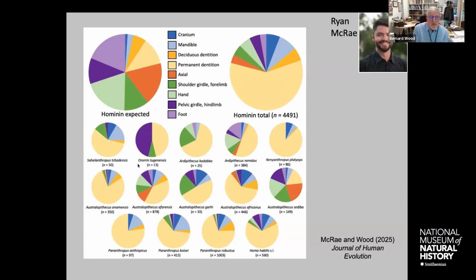You can see the teeth and so on. If you look at the large pie chart on the right, that is what the hominin fossil record looks like. So we are reconstructing the hominin fossil record on the basis of mainly information about the teeth, with very limited information about the limbs and the axial skeleton.